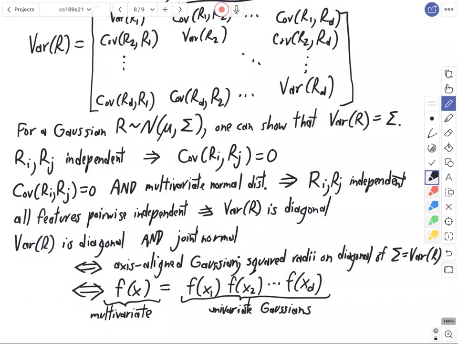Yeah, there was one question about what the difference is between your notation for var R versus sigma. So I think the confusion is, if we explicitly define sigma to be the covariance matrix, then why is it interesting that you can show that var R equals sigma? Because it seems like that would be true by definition. Well, it's not quite true by definition.